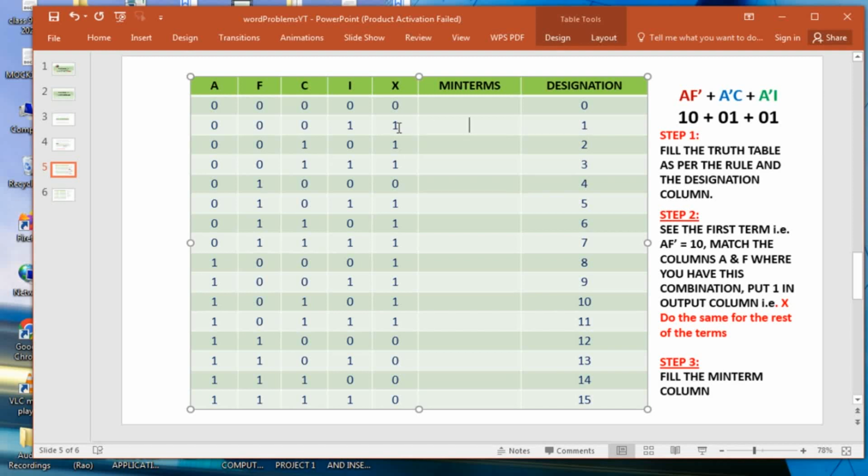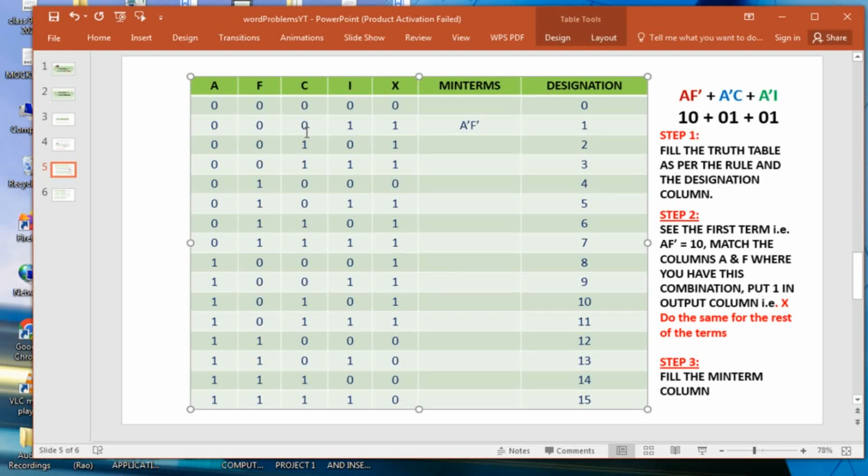Now the min term you have what here? Here you have 1, right? So where you have 1, you have to write the min terms. 0 means what? A complement. Then you have again 0 out here, that is F is also, sorry, here I have to write F complement, right?